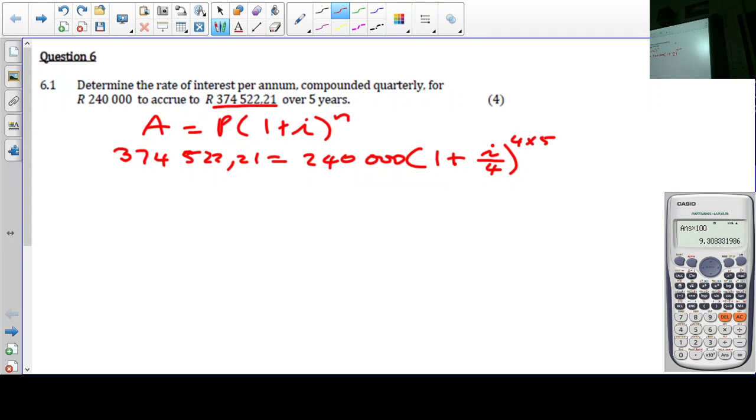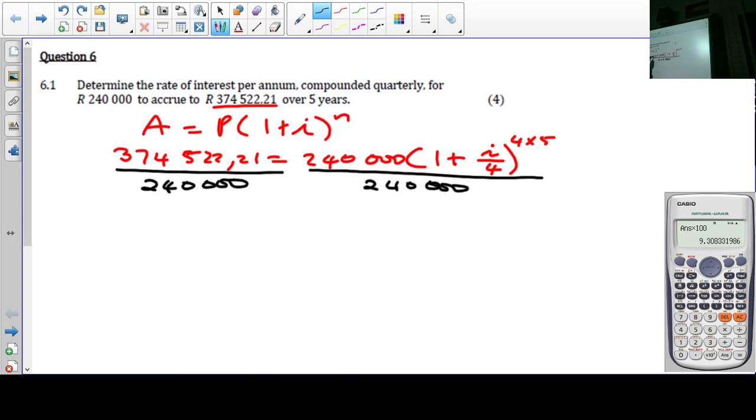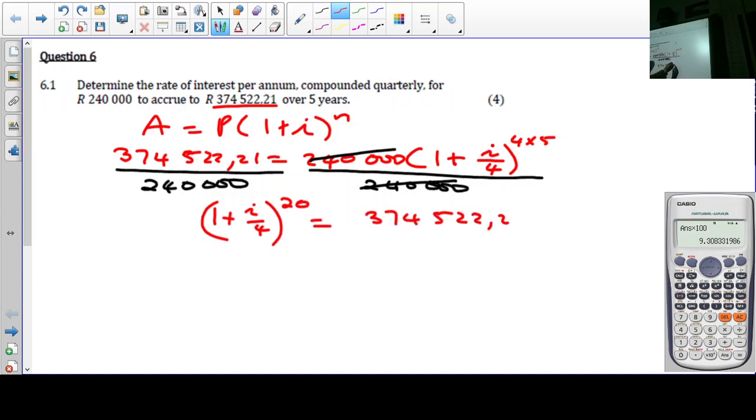Okay, so in pursuit of calculating your I, I'm going to divide both sides by 240,000, so that cancels. So what I have now is 1 plus I over 4 to the 20 equals 374,522.21 over 240,000.